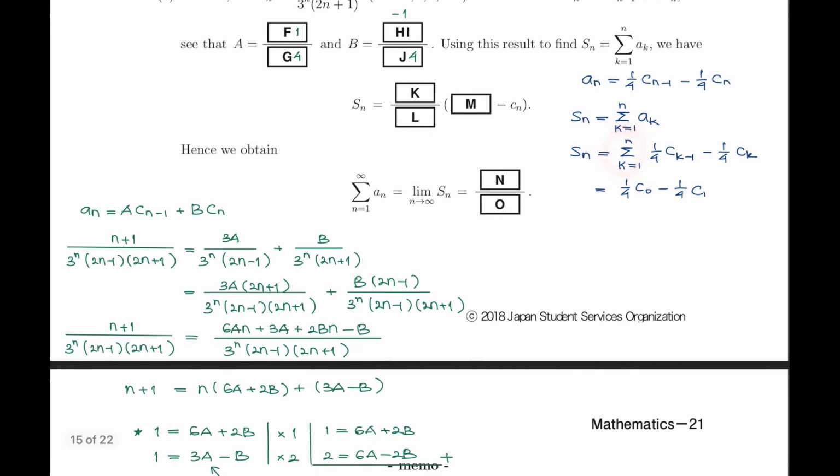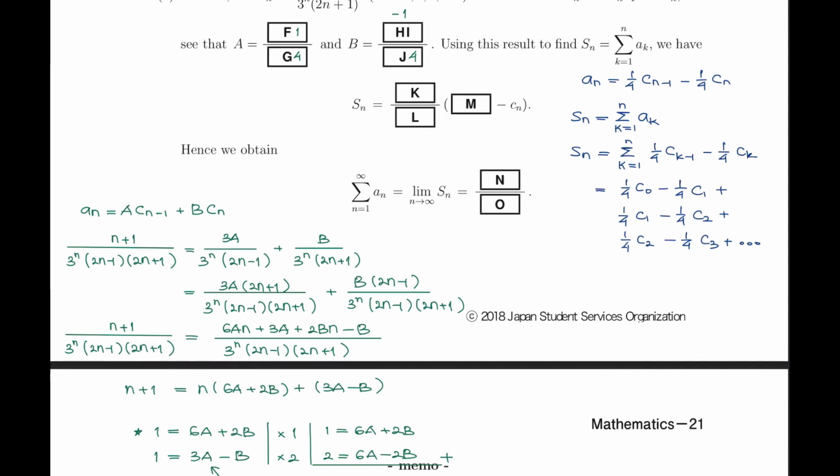Since this is the sum, that means we will add it with the second term. Substitute k equals 2 into our expressions. K equals 2, 2 minus 1 is 1, C2, and then plus the next term, k equals 3: 1 over 4 C2 minus 1 over 4 C3, and so on.